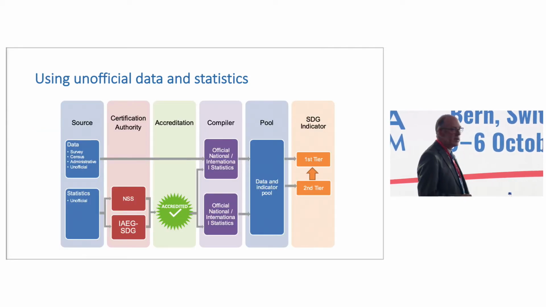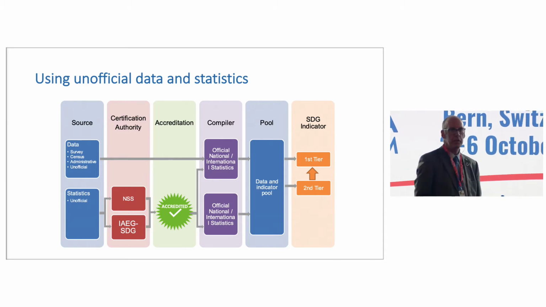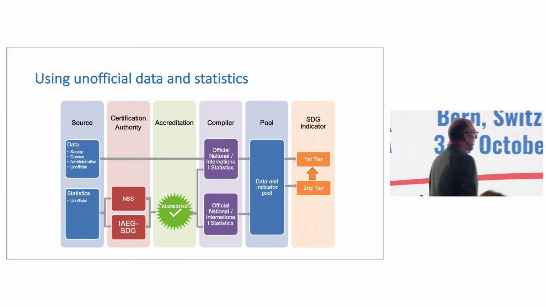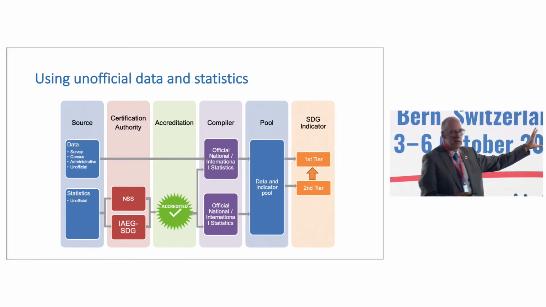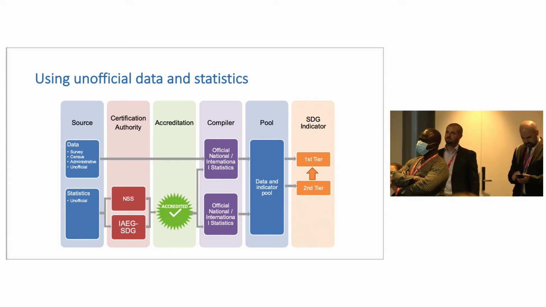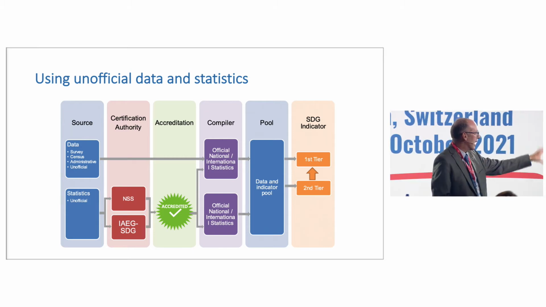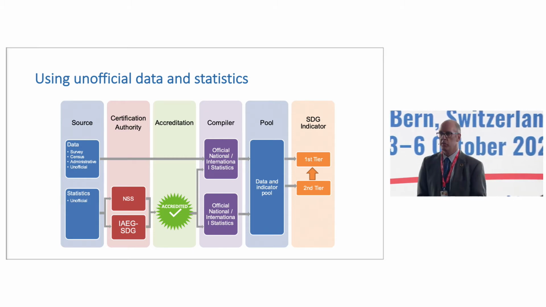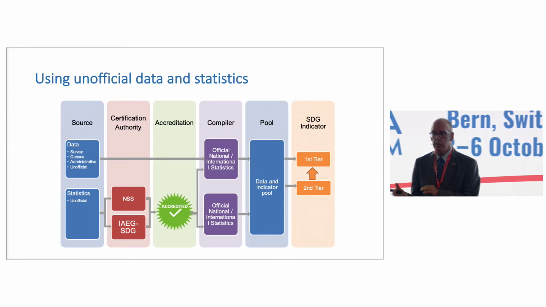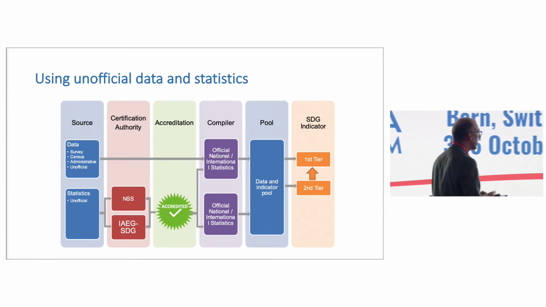In a paper, myself and a colleague, Bojan, there he is, down at the back of the room, we wrote this paper, and this was one idea of how we might do this. This was how you could accredit unofficial statistics, put them through an accreditation system, and actually use them for SDG purposes. Now, snake bites, there isn't actually an SDG indicator on snake bites, surprisingly.